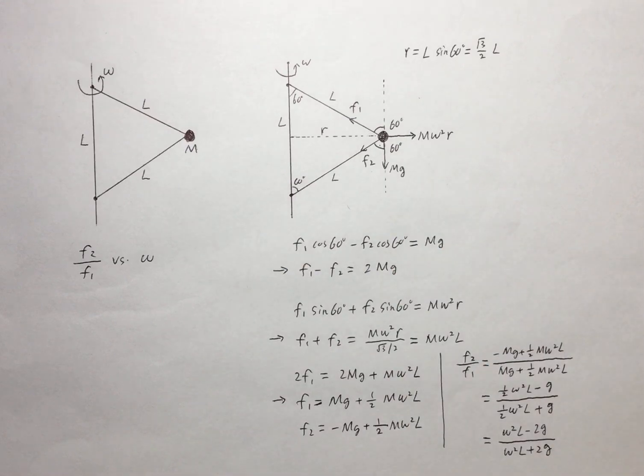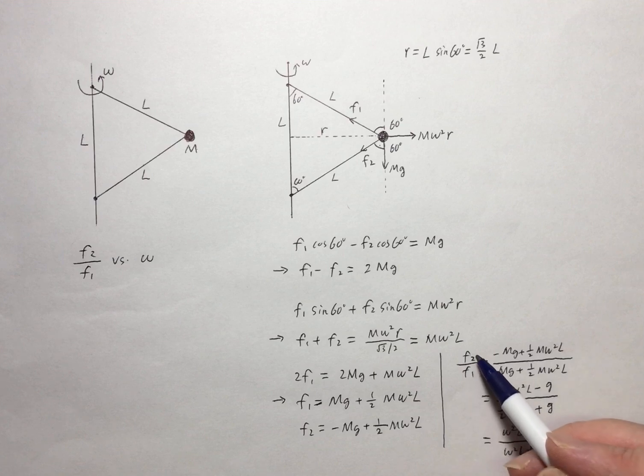As we can see here, in the very beginning, when omega is small, the numerator is negative. But negative will not make any sense here. So when omega is below some value, F2 over F1 is 0.